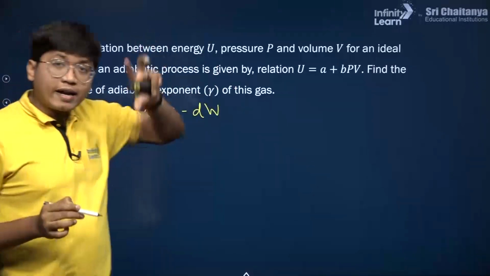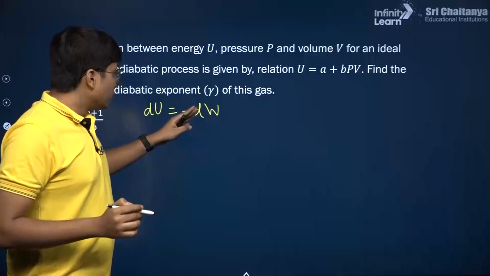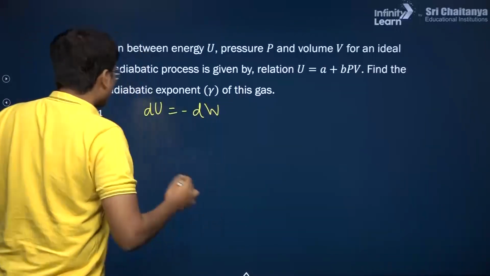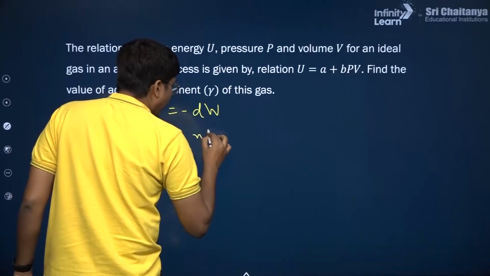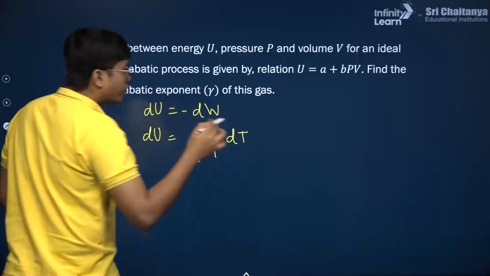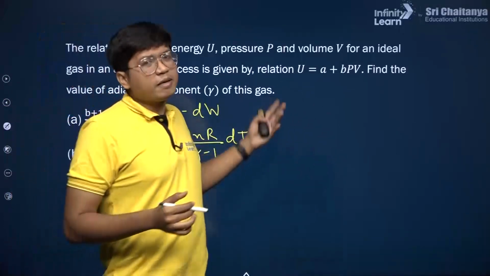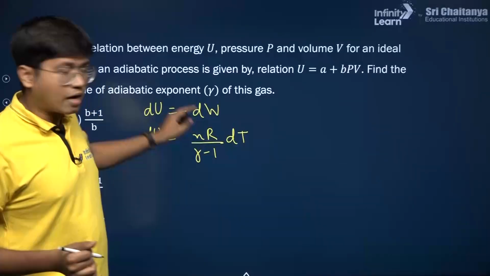And also for the adiabatic process, we know the formula for our work done. So we put that in: du is equal to nR divided by gamma minus 1 into dT. The negative sign goes away because originally it was 1 minus gamma.